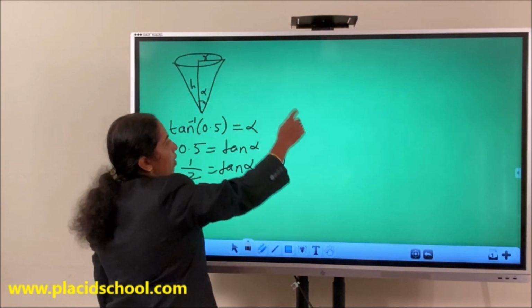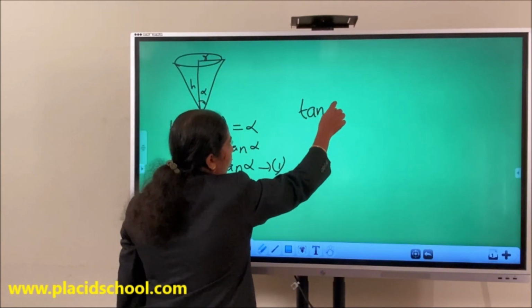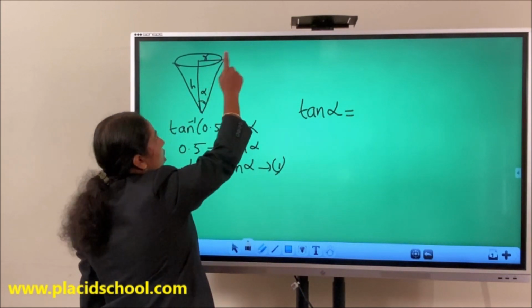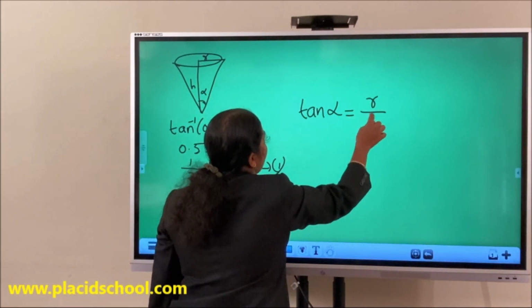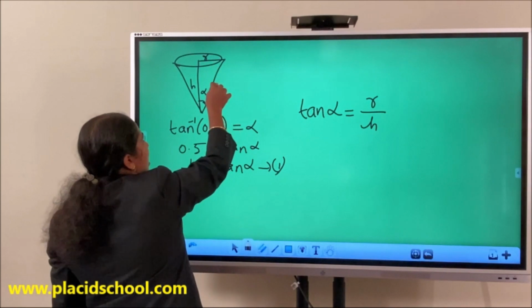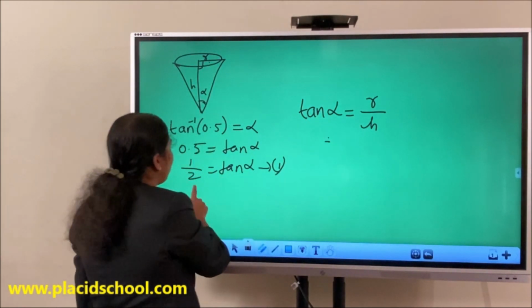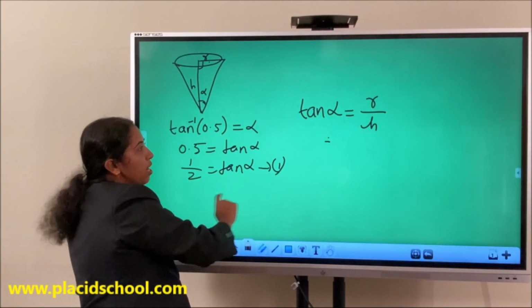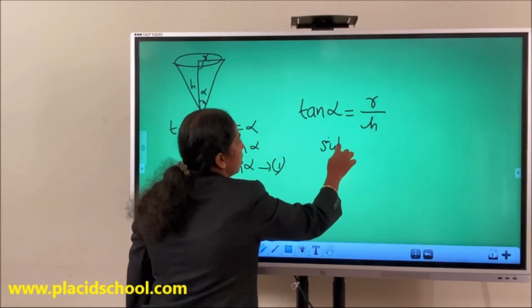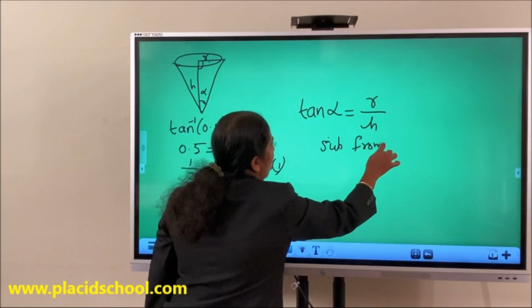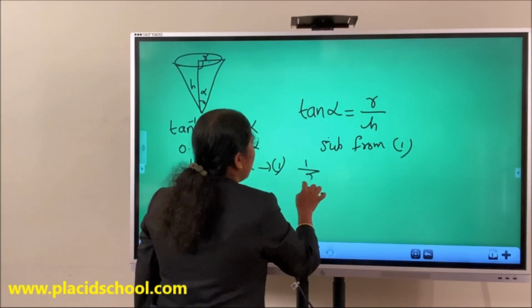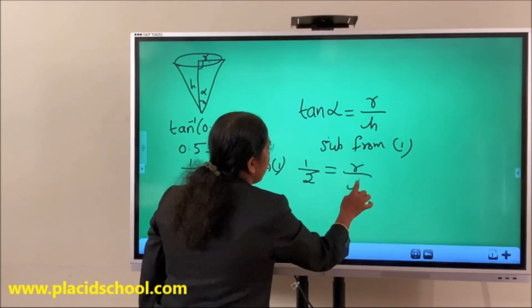Also from this triangle, from the application of trigonometry, I have tan alpha as opposite side by adjacent side. So this is hypotenuse, this is the right angle, opposite by adjacent. Now instead of tan alpha, I can substitute from equation number 1: 1 by 2 equal to r by h.